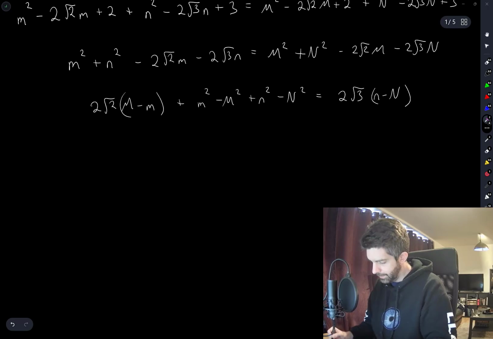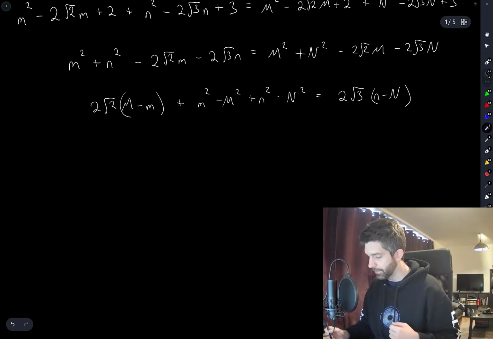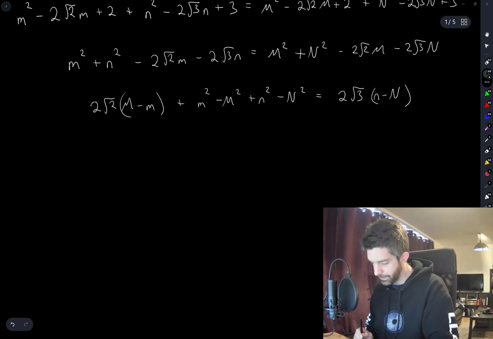If I look at this, I see that this is an integer multiple of root 2, this here is an integer, and this is an integer multiple of root 3. And so what this says is that all of the integer coefficients here have to be 0. That's a result from a previous part of this problem, in fact.